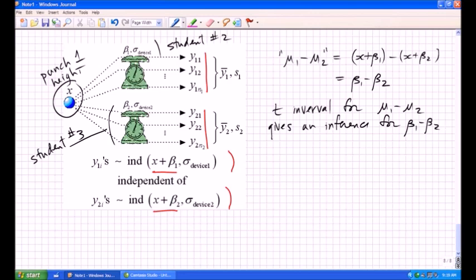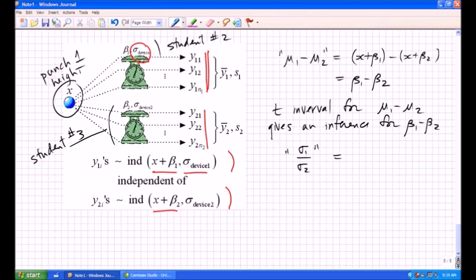And if I compare standard deviations, I need to look at what's written down here. The first sample has variability described by the variability of the first device.